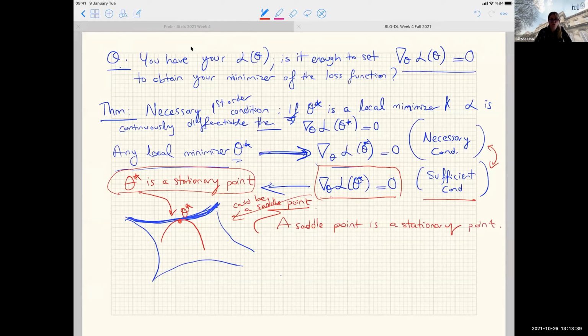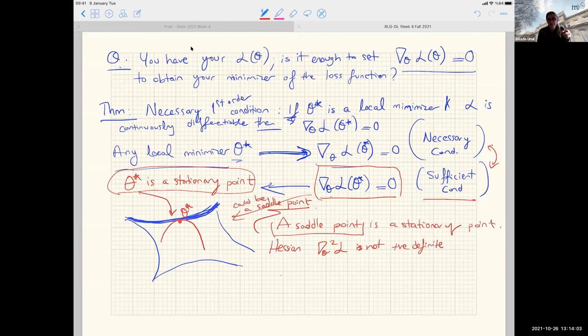What do we do for that? For a saddle point, remember, you see this convexity and concavity. If we approach it on the loss surface from different directions, the Hessian is not positive definite, right?